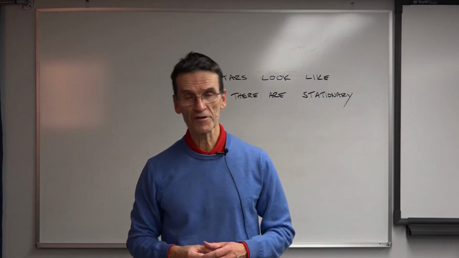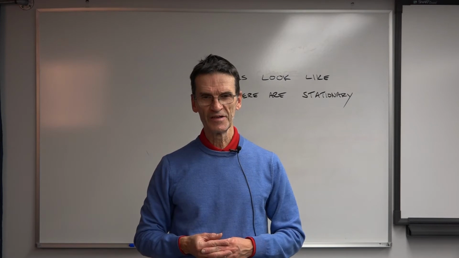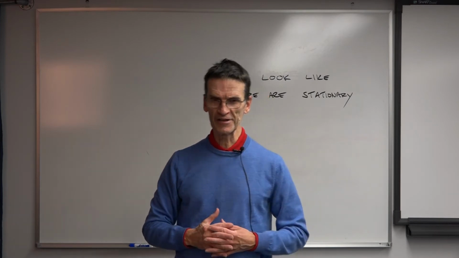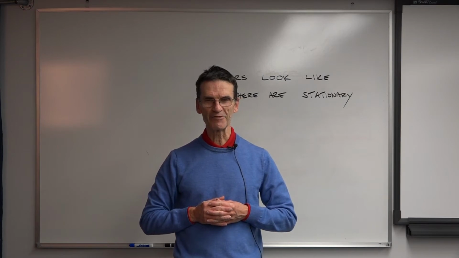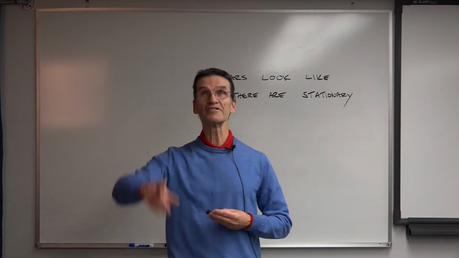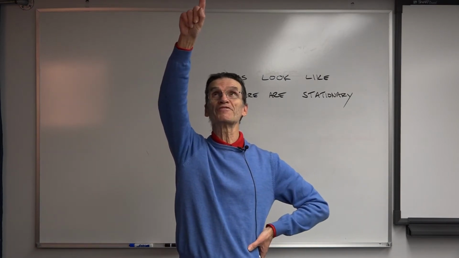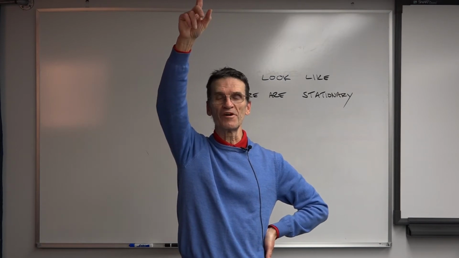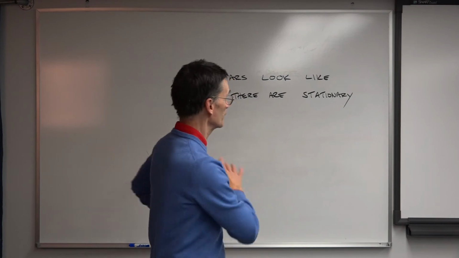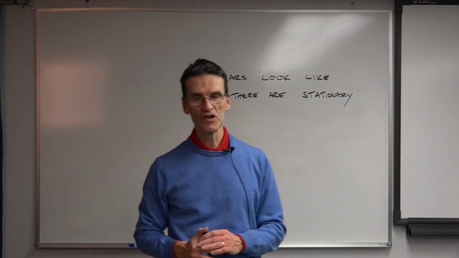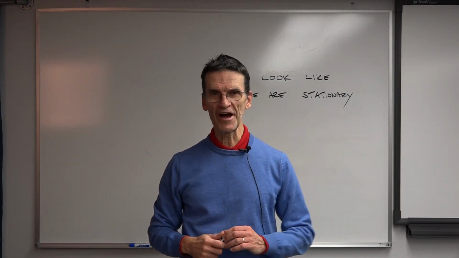So if the stars were out tonight and you went outside with a friend, or I went outside with a friend and we pointed to a star, I wouldn't have to move my finger, I just basically point. So it looks like the stars are stationary. They really are not stationary.